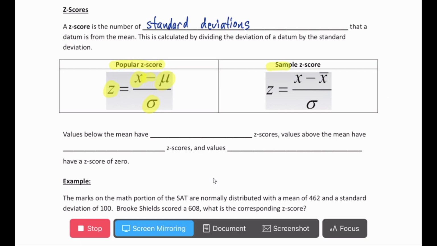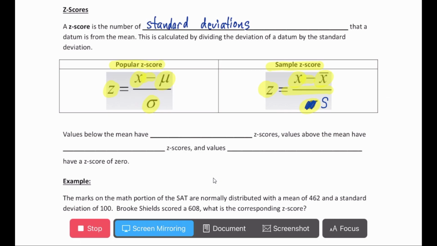And similarly for a sample, same idea, Z equals X, that's our data value, minus X bar, so that is our mean for a sample, and divided by our, actually that should be S because we're dealing with a sample here, so let's fix that up right away. Divided by S, so divided by our standard deviation.